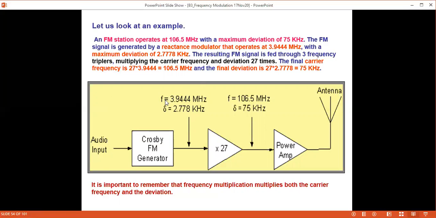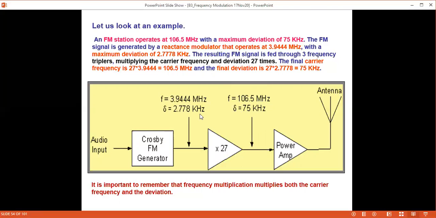It's one with operating frequency 3.94 megahertz and deviation around 2.8 kilohertz. Okay, so how do we increase our frequencies so that it matches the wideband frequencies and also the wideband deviation?